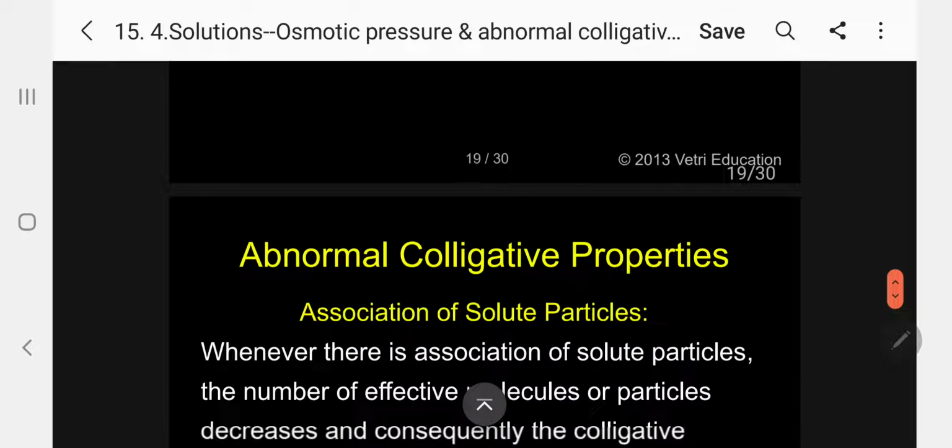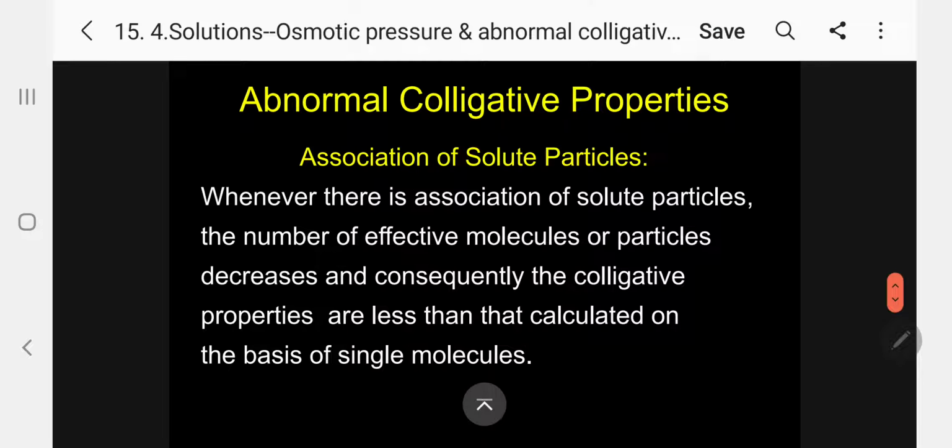So let me take the first one. Abnormal colligative property when there is association of solute particles. Association means 2 particles of a solute combine through some hydrogen bonding or the like and act as a single particle. So in the calculation we are expecting some number, but actually the number is less now due to association.